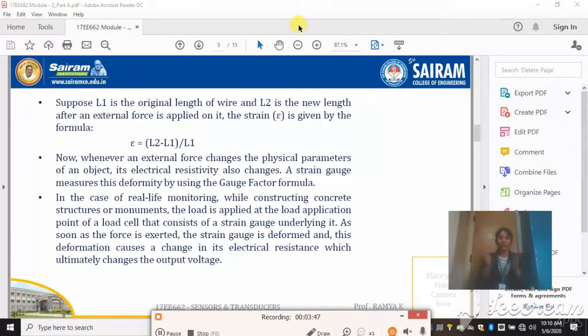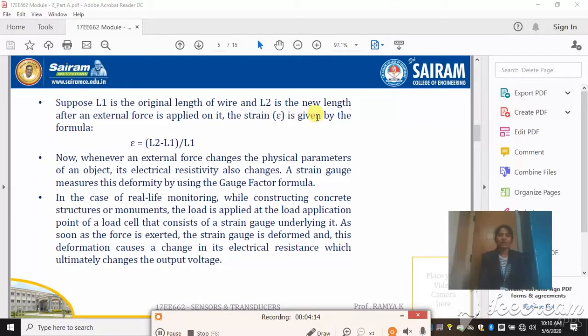Suppose you are applying a compressive force, at that moment also your length is getting reduced. So when you apply a force, either the length increases or it decreases depending upon your expansive force or compressive force. Here we will consider L1 as the original length of the wire and L2 as the new length of the wire. This new length of the wire is obtained after applying the external force.